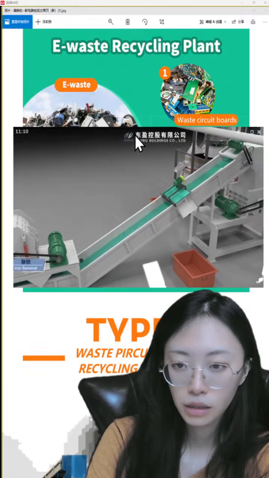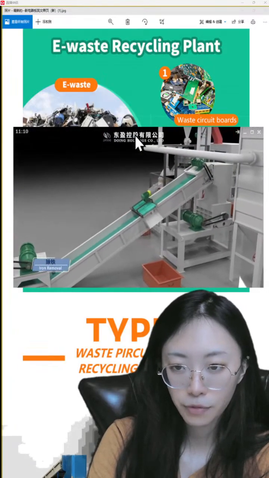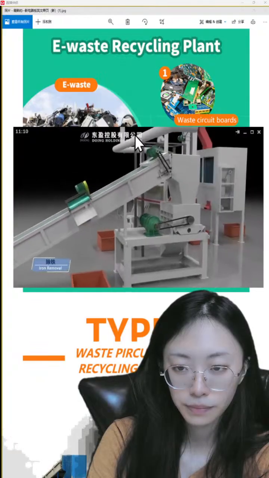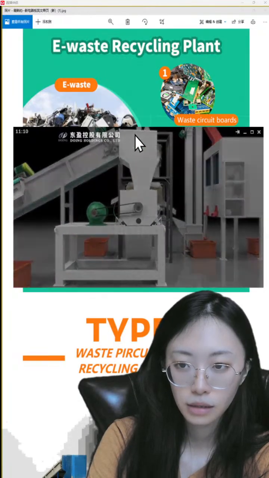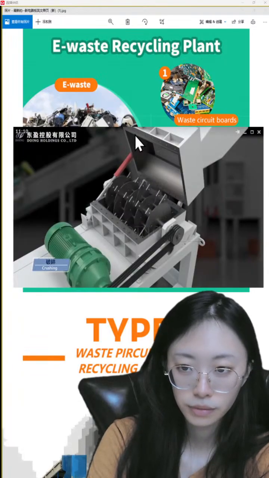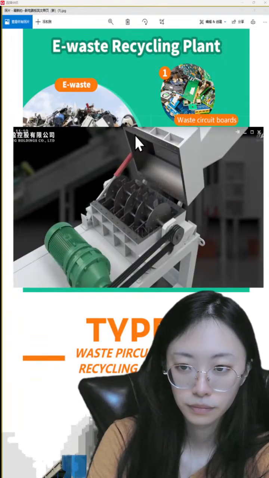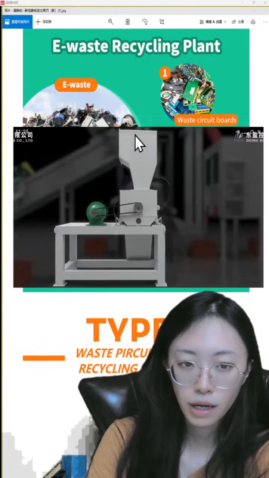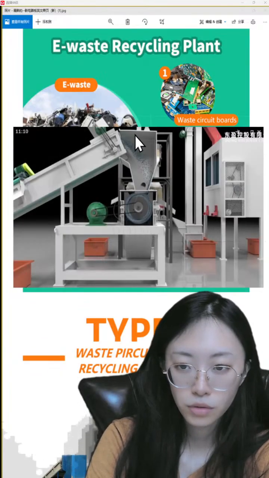This is the magnetic separator to separate the iron. And then the third crushing machine is the hammer blade crusher. It will crush the particles into granular shape.